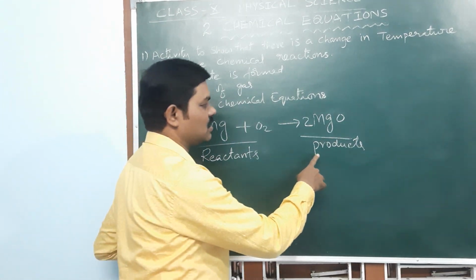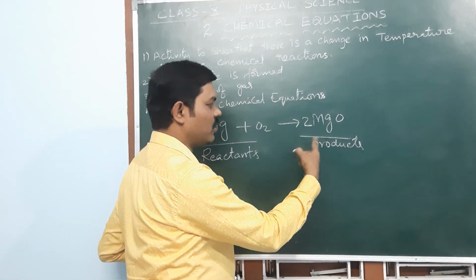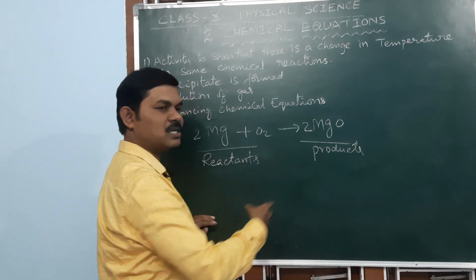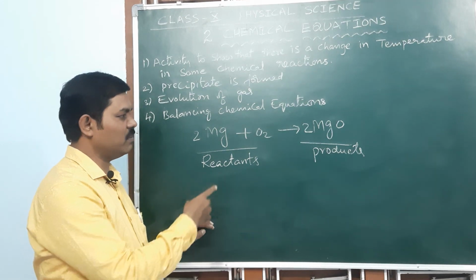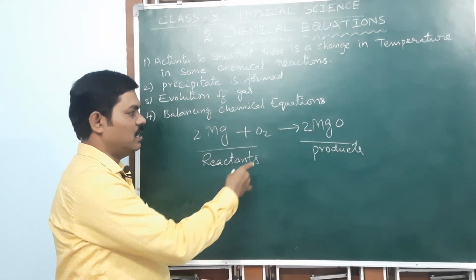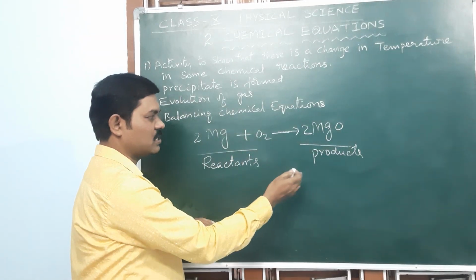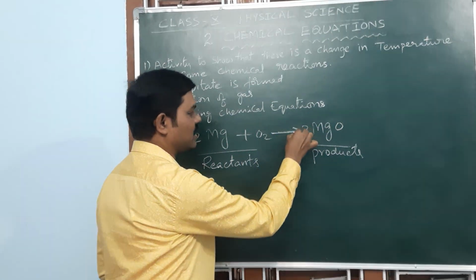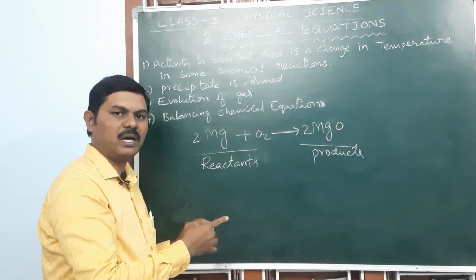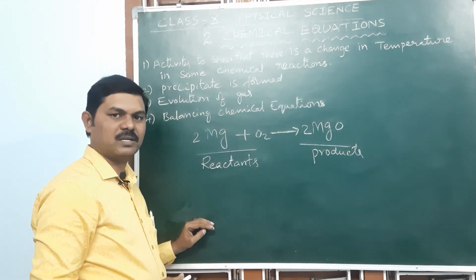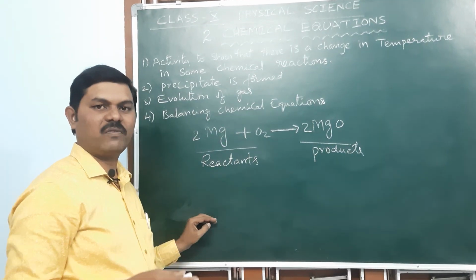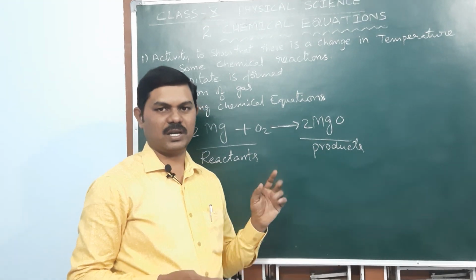The substances formed newly after the reaction are called products. So a chemical equation has two parts, reactants and products. An arrow mark separates the reactants and products. The arrow always points towards the product side. So this is about the chemical equation, a brief introduction to the lesson.